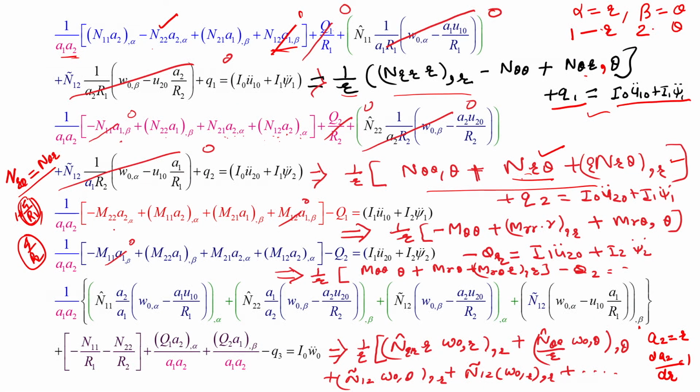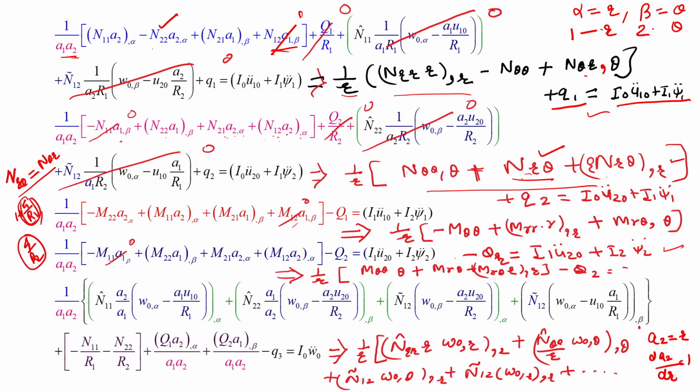Minus m theta theta, a2 comma alpha will give you 1, then m11, mrr, r comma r, then m theta r comma theta, and a1 comma beta will not contribute, minus qr.